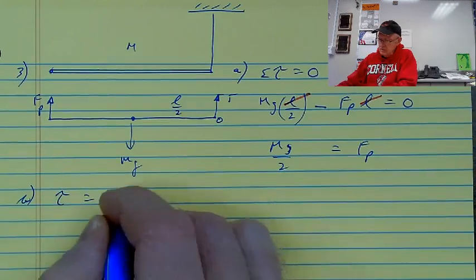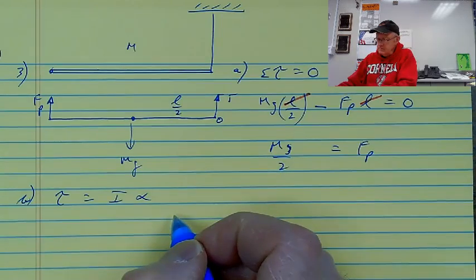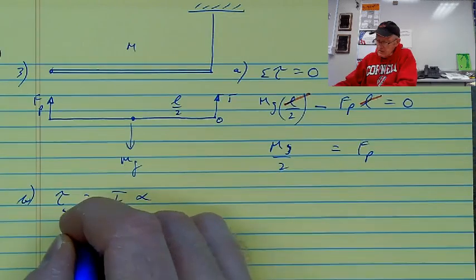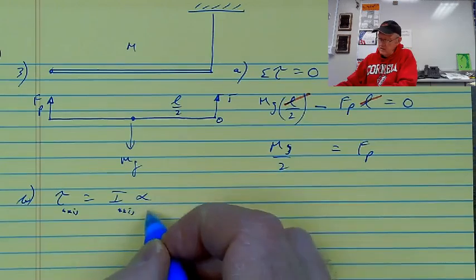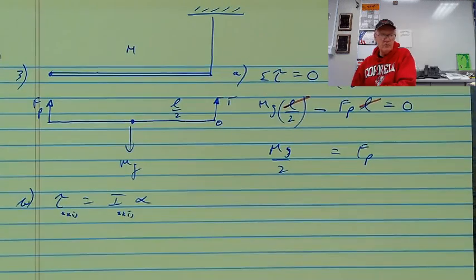And remember, alpha is common throughout the part. Just like omega, it is common throughout this horizontal rod. Doesn't matter where you're standing, the angular acceleration is the same, as would be the angular velocity, in radians per second or radians per second squared.